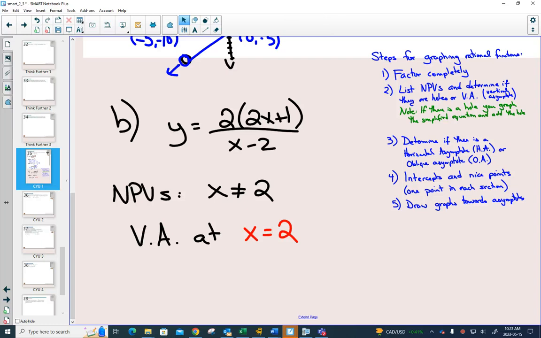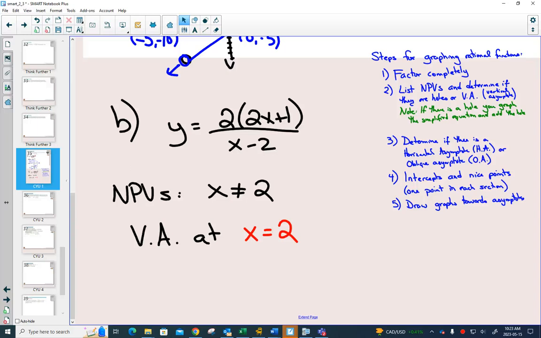When you're listing a non-permissible value, you put the line through the equal sign, because with a non-permissible value, you're saying x can't equal 2. But the equation of the asymptote is always an equation. So the equation of the asymptote is x equals 2.